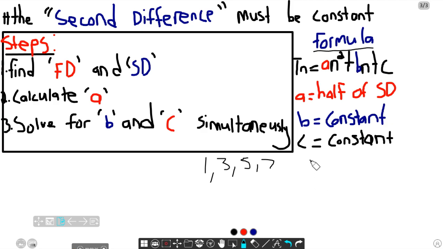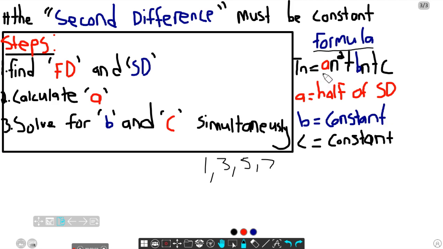It's almost similar to this one over here, ax squared, but now instead of x they used what? They used n, so that's why they call it quadratic number pattern.